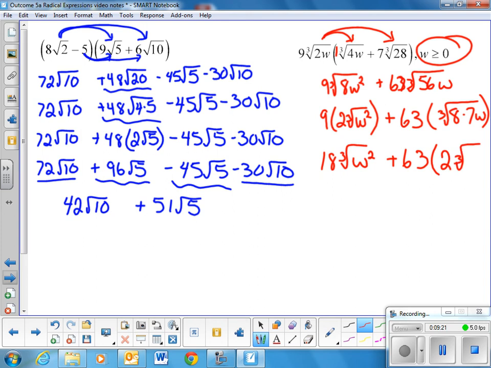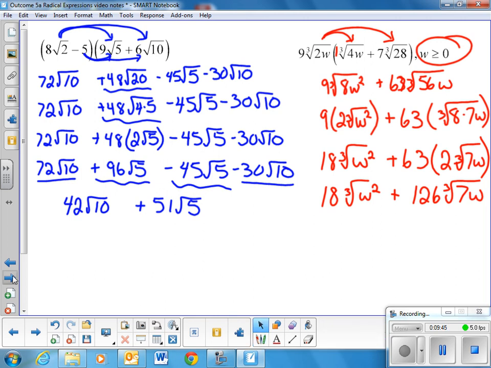And then we are left with cube root 7W. So 18 cube root W squared plus 63 times 2 is 126 cube root 7W. I can't combine those terms because one is W squared and one is 7W. They are unlike terms.